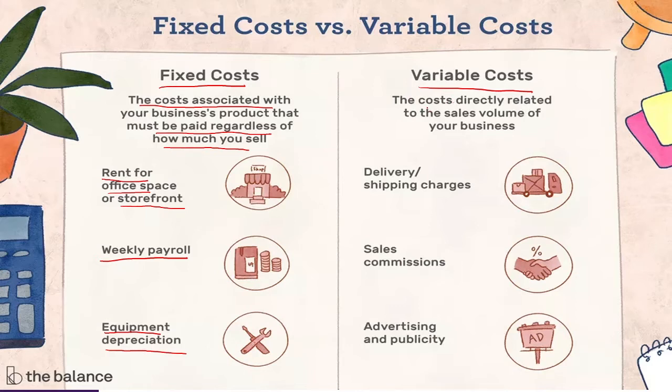Otherwise, variable cost is the cost directly related to the sales volume of your business. For example, delivery or shipping charge. With an increase in your production, there will also be an increase in delivery or shipping charge. And then sales commissions and also advertising and publicity.